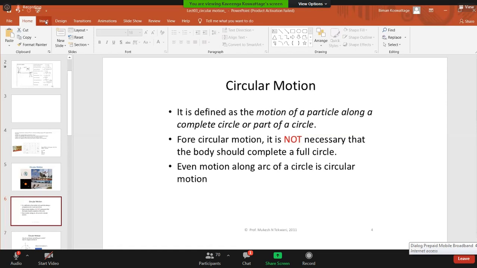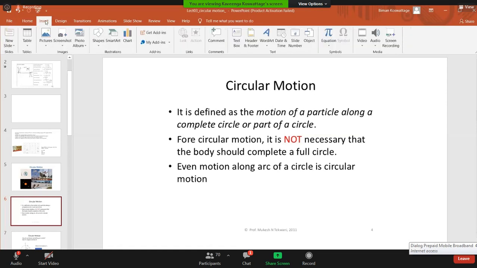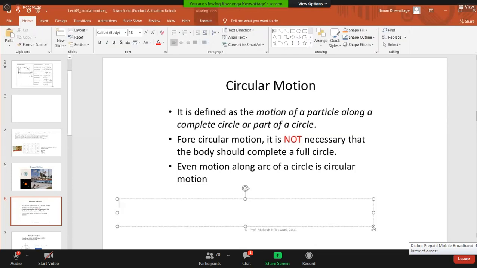Also we can write: a particle is said to execute circular motion when it moves along the circumference of a circular path.